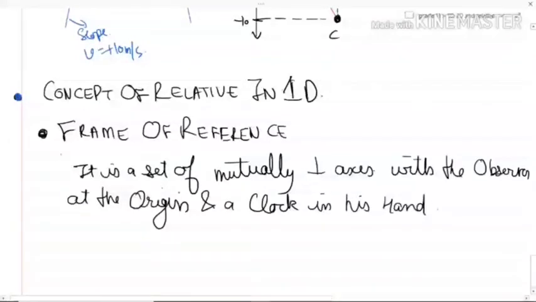This is how we'll treat the frame of reference. We'll use it like this. So basically, draw mutually perpendicular axes with the observer at the origin and a clock in his hand. Why a clock in his hand? So that he can measure time. And why is he at the origin? So that whatever he observes is with respect to him.